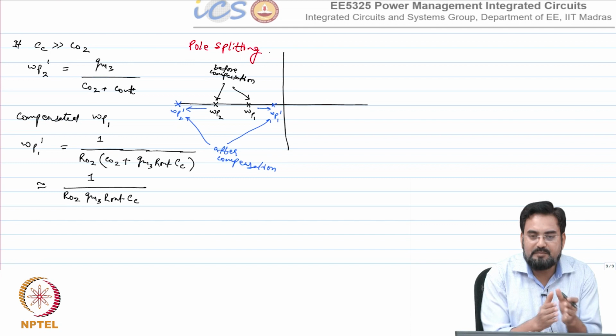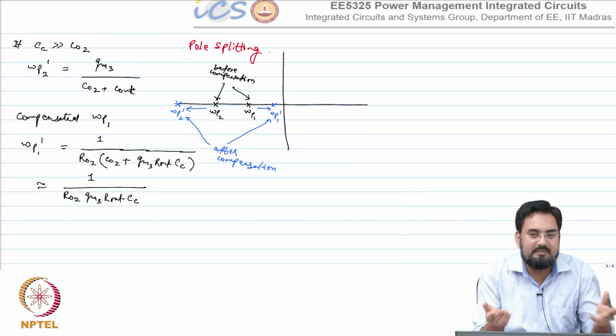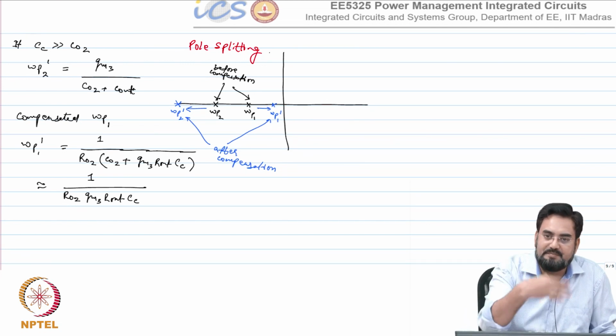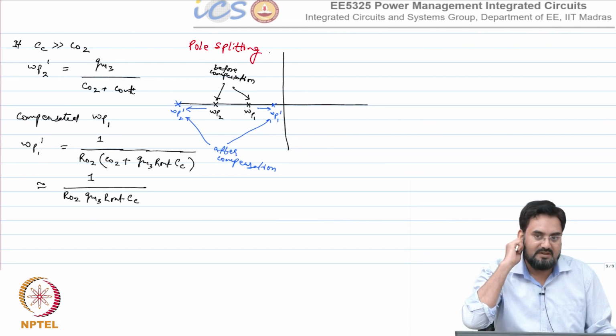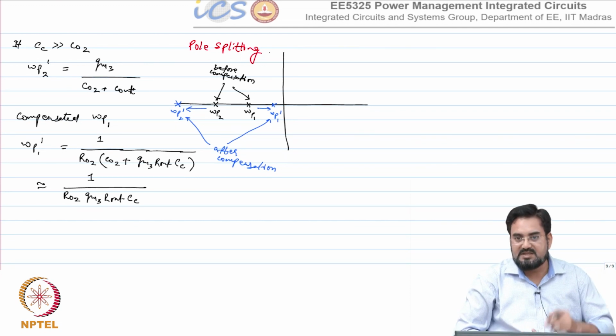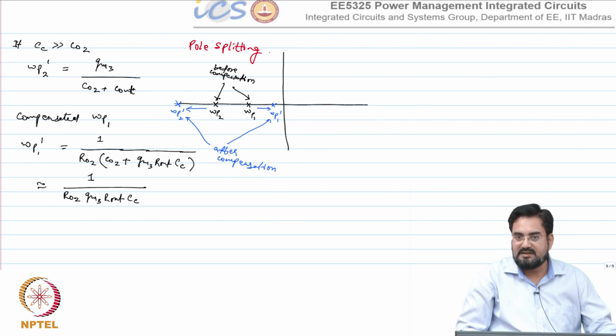So now I can push my first pole even to a higher frequency because I have a better phase margin. So with Miller compensation, you can achieve higher bandwidth compared to dominant pole compensation. That's the advantage. There are two advantages: higher bandwidth and smaller cap, because your cap is multiplied by the gain here.